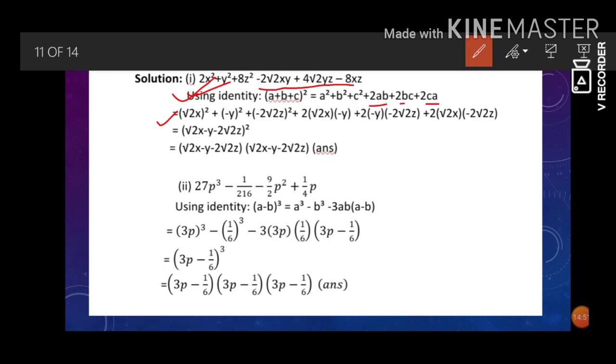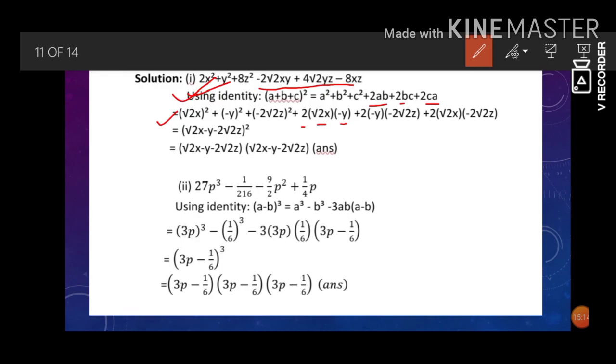So with the help of the formula I have written everything in plus, and wherever we have the minus sign, accordingly we have used it. So plus 2 from the formula, root 2 x from our a, and minus y from our b.